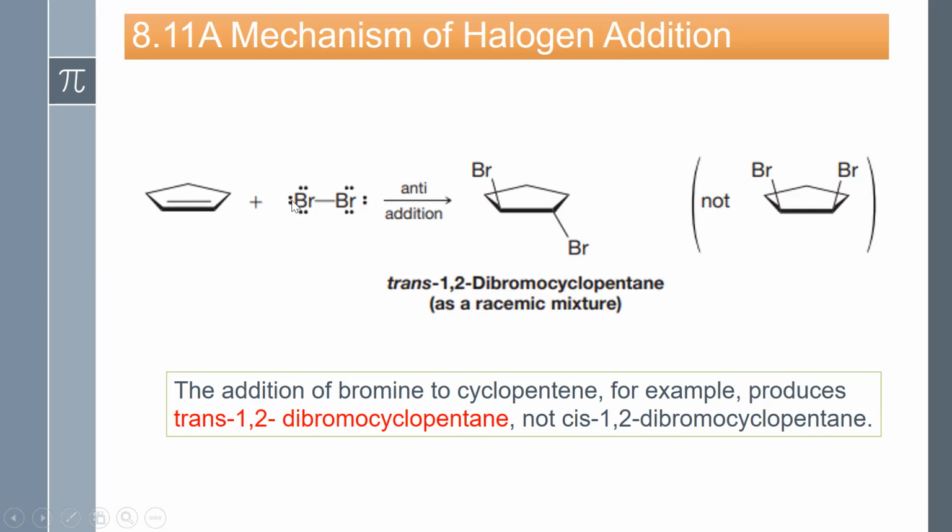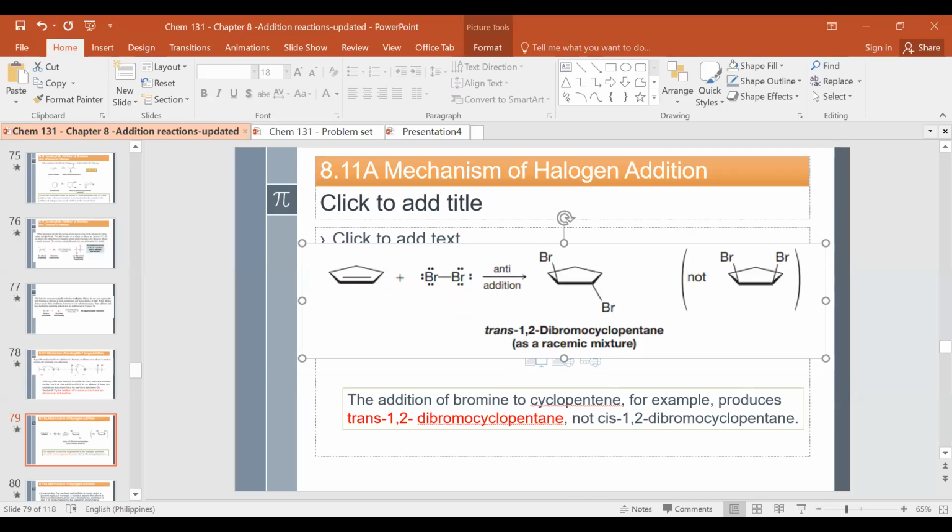Once it attacks the bromine, then the electrons here will go to this bromine. So let's draw an arrow to this one. What happens is that this electron will attack your bromine, and once it forms a bond to your bromine, this one is an electrophile.